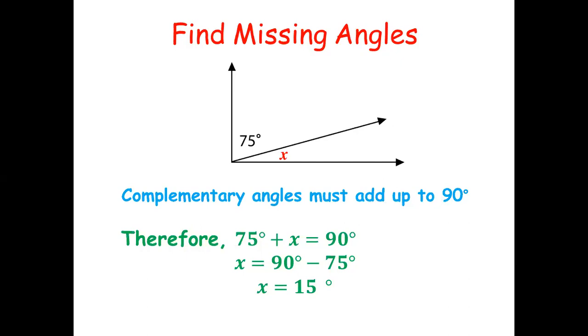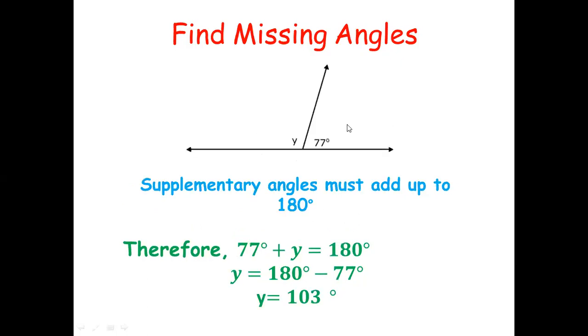You know that this angle is 75, and when you add up both the angles, you should get 90 degrees. So 75 plus x should give you 90 degrees. How do we find x? x is going to be 90 minus 75. You bring the 75 to the other side. So 90 minus 75 gives you x equals 15.